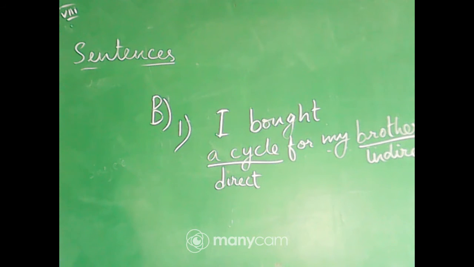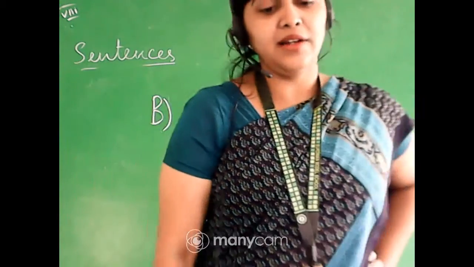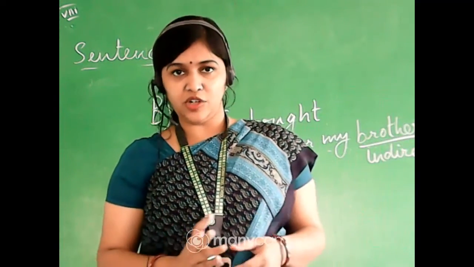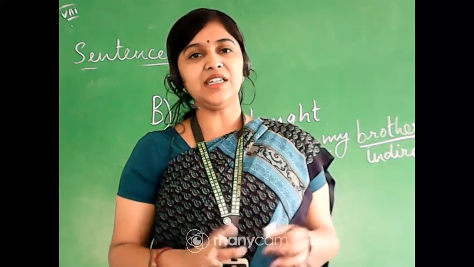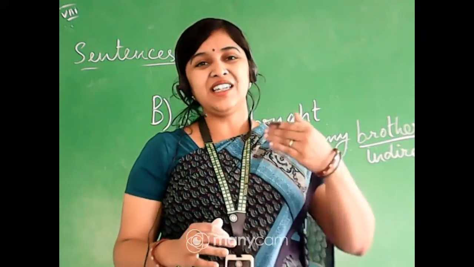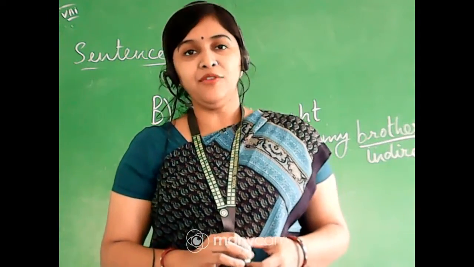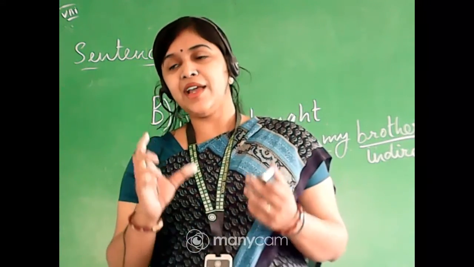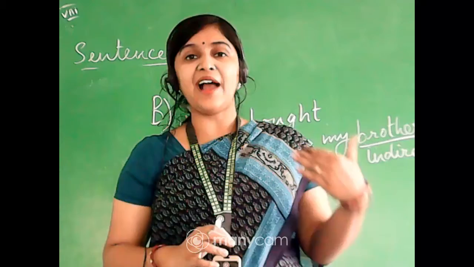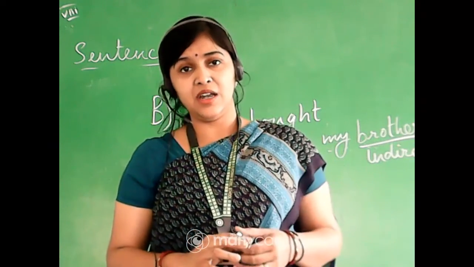The teacher told them a story. Underline a story and write direct object, underline them and write indirect object. Them is the indirect object, okay? Story is the direct object. Sometimes the direct object might be placed after the indirect object, but you will have to understand what is the exact thing upon which the action of the verb is indicated.